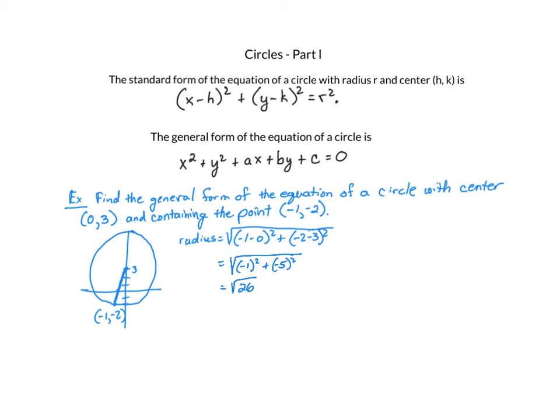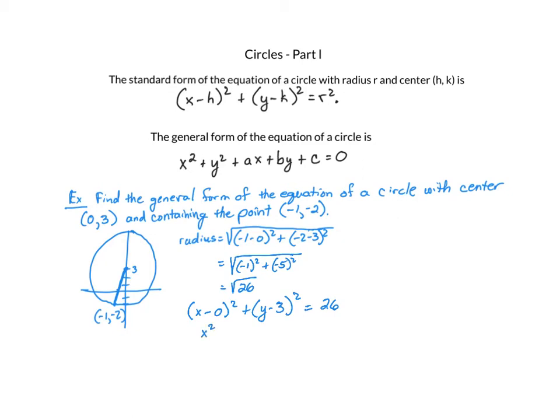So now we know the center, we know the radius. Let's write our equation. We start in standard form. So we have (x - 0)^2 + (y - 3)^2 = (square root of 26)^2, which is just 26. We expand each of those binomials, so we would have, well, (x - 0)^2 isn't so much to expand.